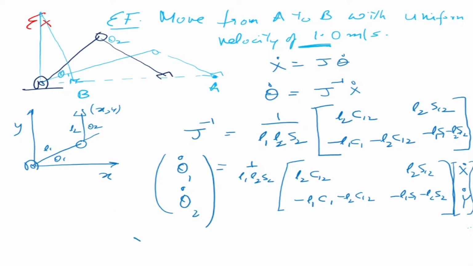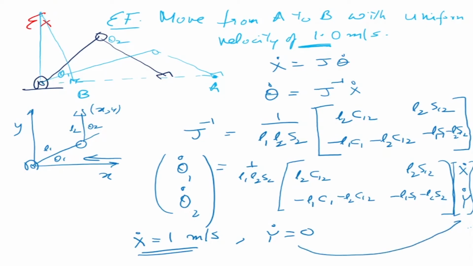Now we are given that x dot is equal to 1 meter per second, and we are given that y dot is equal to 0, because it is moving in a straight line along the x-axis. So it is moving like this, right? This is my x-axis. It is not going in the y direction. So this is my input, and I put it here.